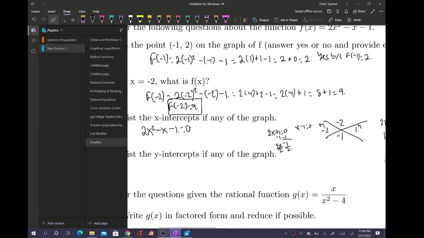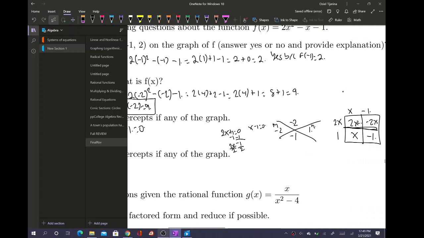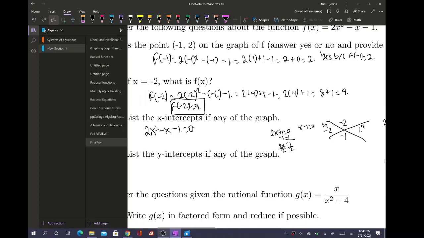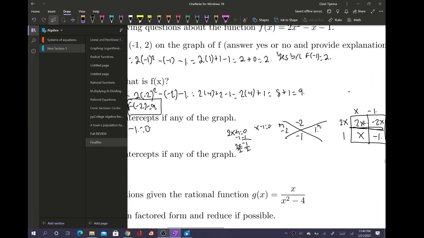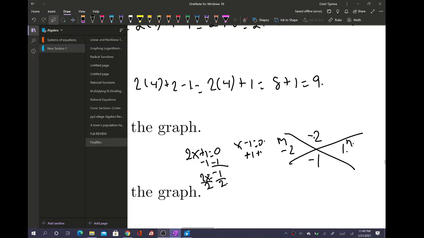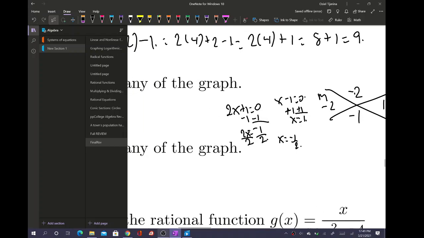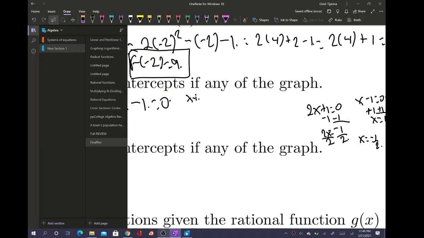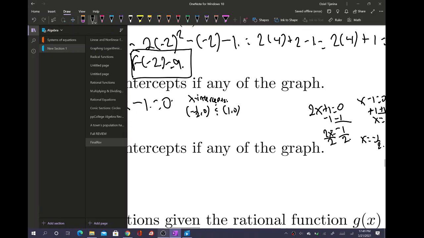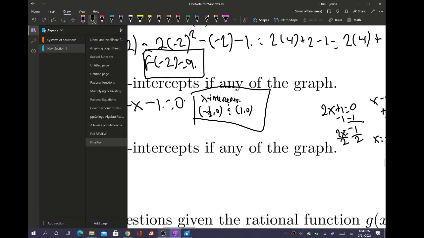So when it talks about x-intercepts, it wants it in coordinate form. That means that if we have x equals 1 and x equals negative 1/2, the x-intercepts would be negative 1/2, 0, and 1, 0, right? So these are your x-intercepts.